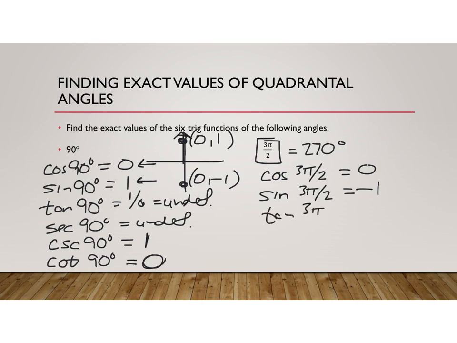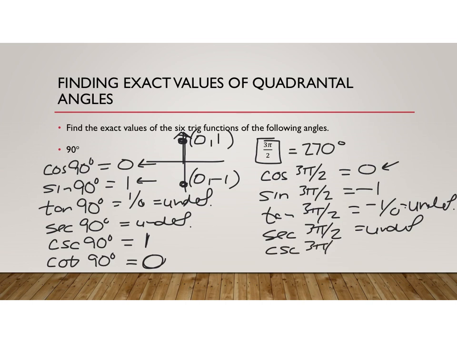Tangent of 3 pi over 2 would be y over x, dividing by 0, undefined. And then I've got my reciprocals. Secant of 3 pi over 2 is the reciprocal of 0, which is undefined. Cosecant of 3 pi over 2 is the reciprocal of negative 1, which is negative 1. And the cotangent of 3 pi over 2 is the reciprocal of undefined, which is 0.